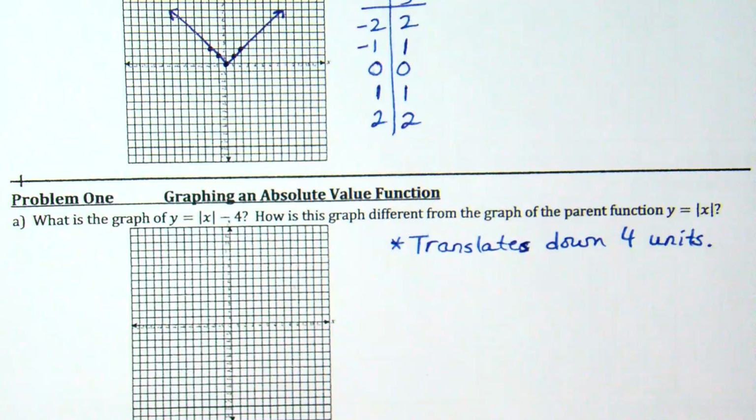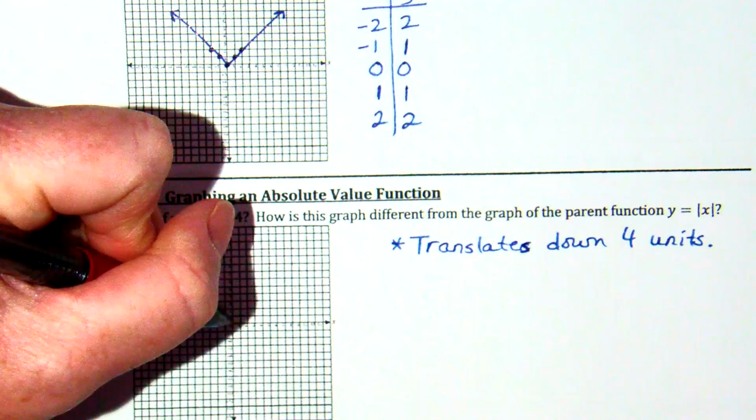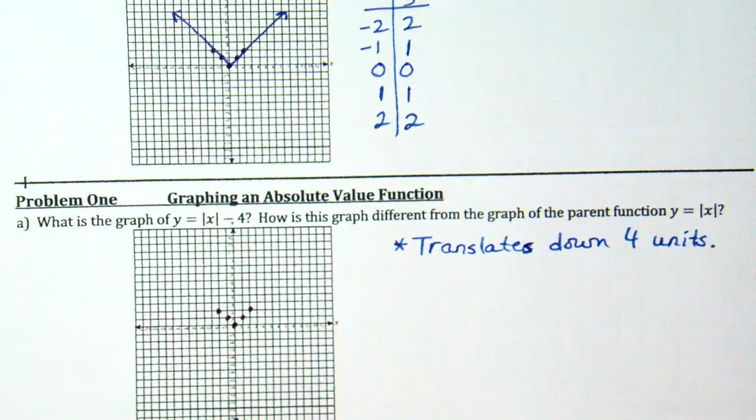Okay, options here. One option, and I'll show my preferred option, but I'll show the backup plan. Think about where these dots were right here, yes? If I just put those dots in, it's not going to be my final answer, but if I put those dots in at 0, 0, 1, 1, 2, 2, negative 1, 1, negative 2, 2.